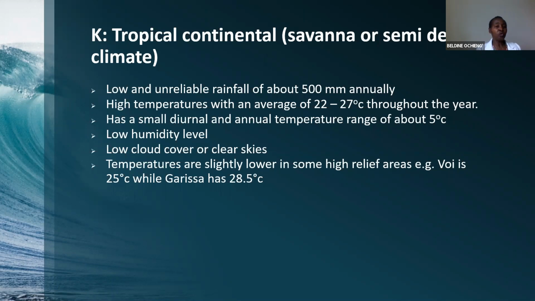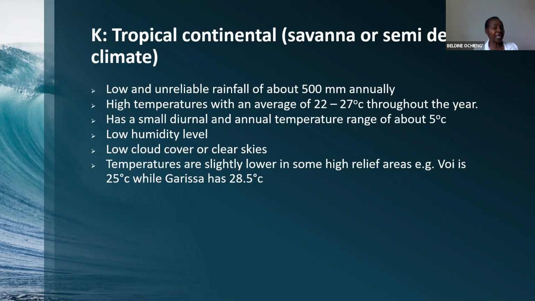When we talk of high humidity, what is making humidity in the region to be high? It is because of high temperatures that causes high evaporation rate, and that would give us high humidity. When we talk of high temperatures in the equatorial region, what makes it to be high? Remember, our equator is around 0 degrees towards 23.5 or even to 30 where we have the tropical areas.